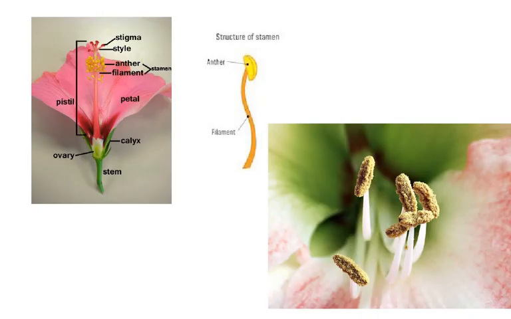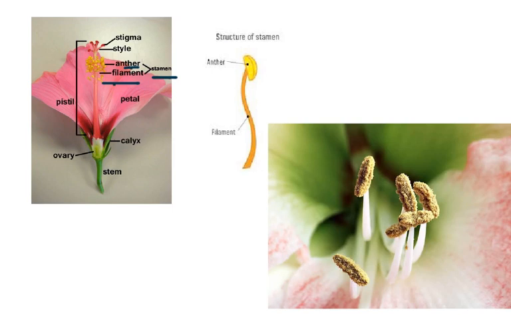The next part is stamen. Stamen is a male part of a flower which consists of a stalk called filament and a lobe called anther. Here in this picture, it's difficult to distinguish what is filament and anther.